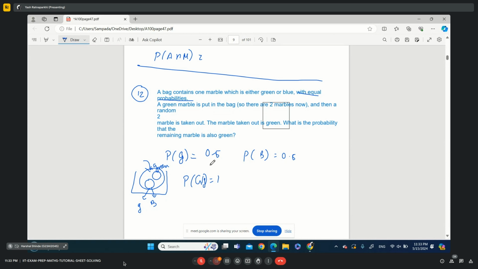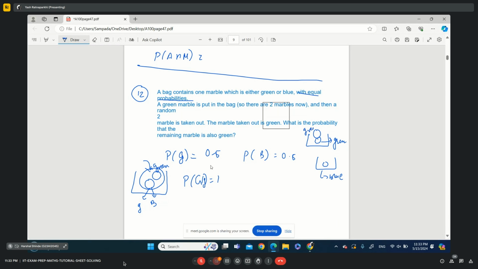Let me repeat once again. Okay, take this example. I'm taking two cases here. Let's take this ball as green, and let's take this ball as blue, with 50% probability. Now I introduce one more green ball intentionally.